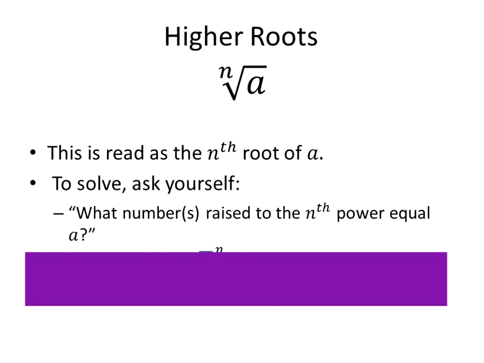If you do the 4th root of 16, it takes 4 twos to make 16. 2 times 2 is 4 times 2 is 8 times 2 is 16. So the 4th root of 16 would be 2. Does that make sense?